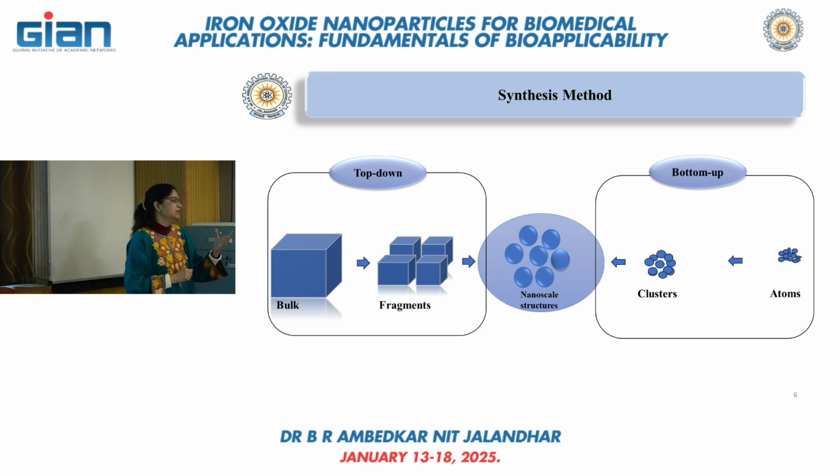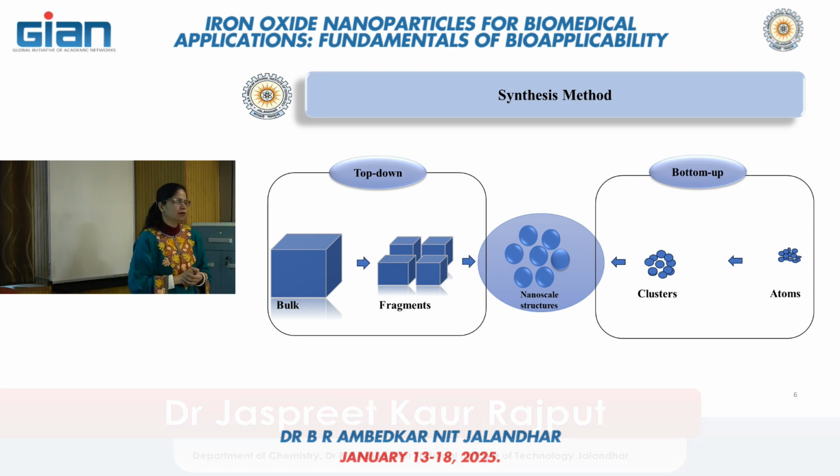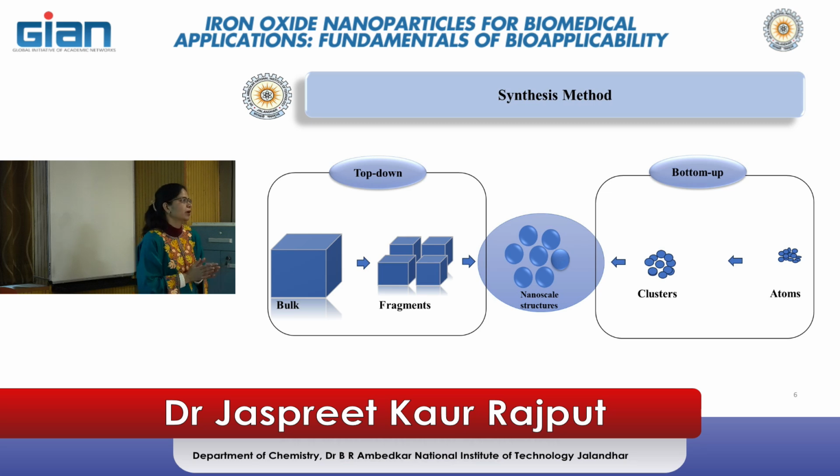In today's lecture you have seen that you can have a variety of shapes of the material. Nanomaterials have different dimensions, ranging from 0D to 3D, right? No doubt 3D is not a nanomaterial, because all three dimensions are in the larger size.